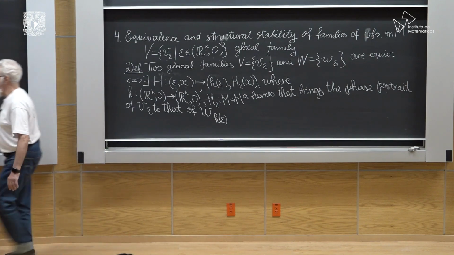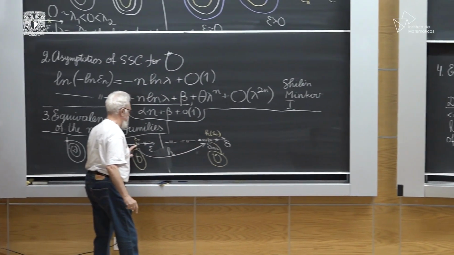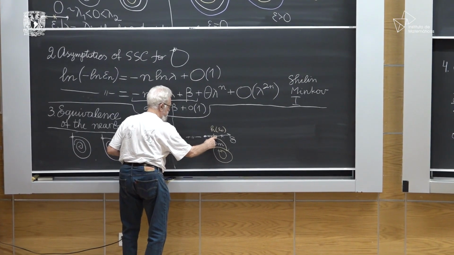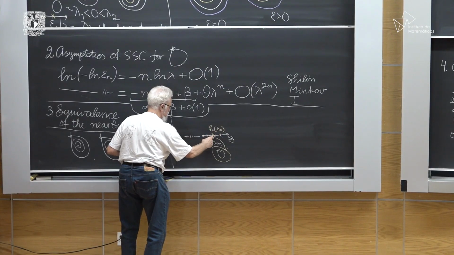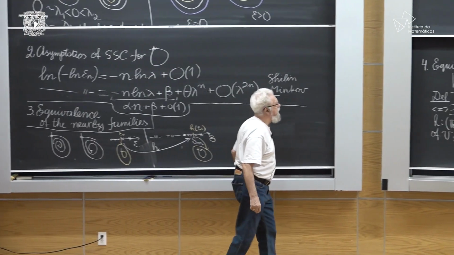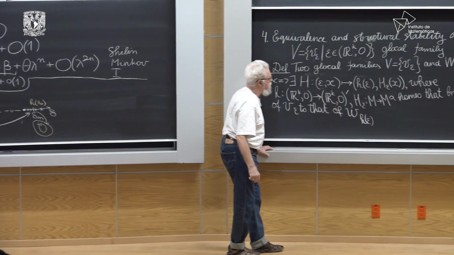So I take the vector field corresponding to this epsilon in the first family and the vector field corresponding to this parameter value in the second family. In the parameter space, it's also homeomorphism, continuous.